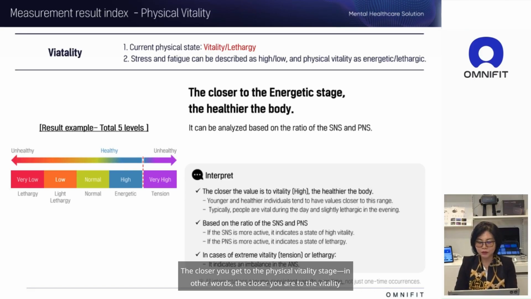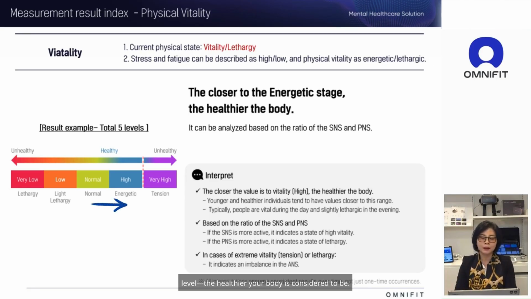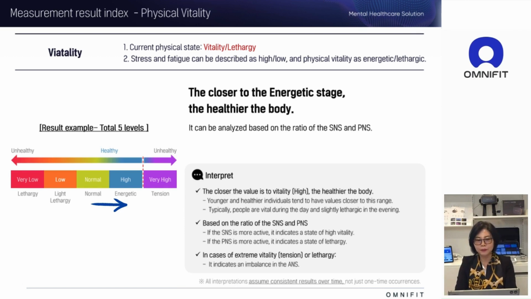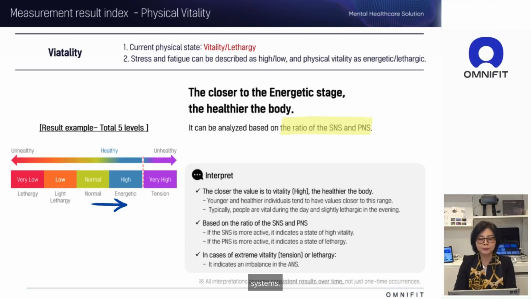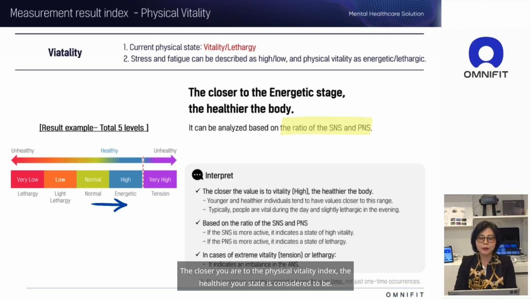The closer you get to the physical vitality stage, in other words, the closer you are to the vitality level, the healthier your body is considered to be. All of these indicators are assessed based on the ratio between the sympathetic and parasympathetic nervous systems. The closer you are to the physical vitality index, the healthier your state is considered to be.